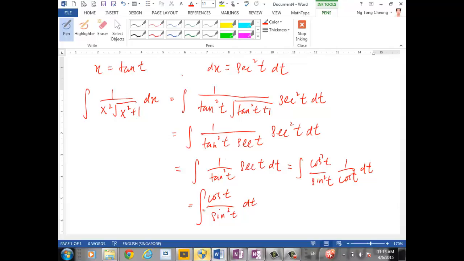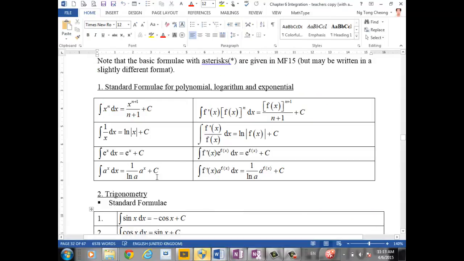Alternatively, you can recognize that you have something of the form which you see over here in the summary, right? Something similar. Instead of looking at this form, you observe that it's something of f prime over f(x) power n now.